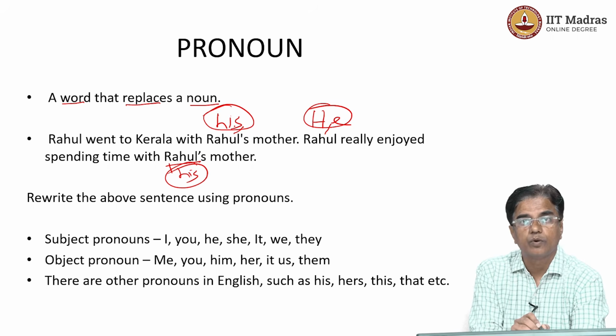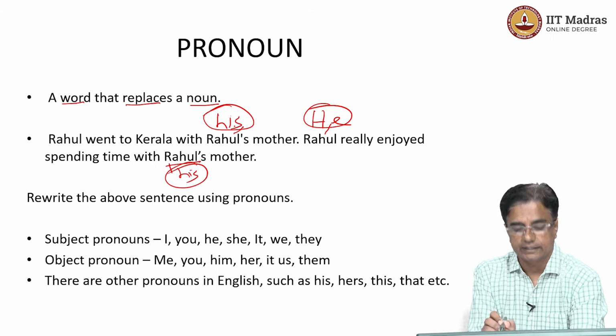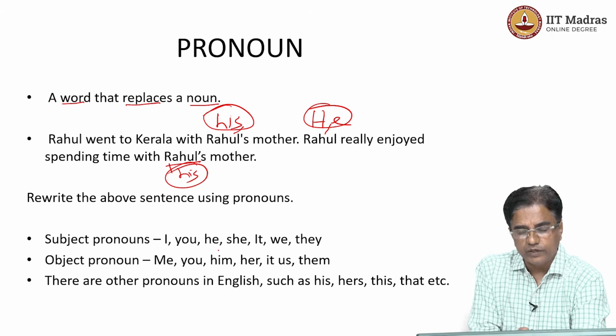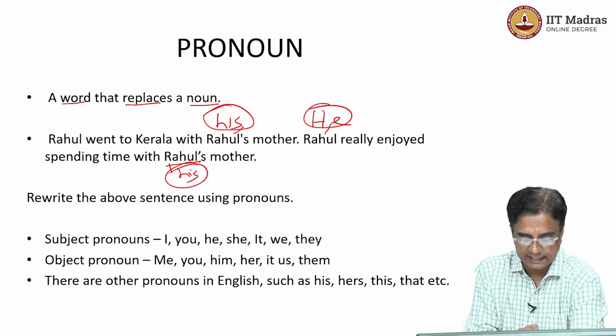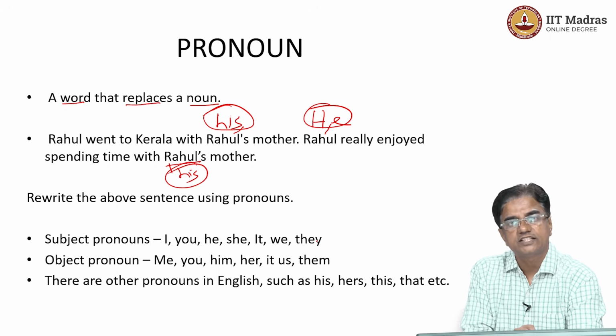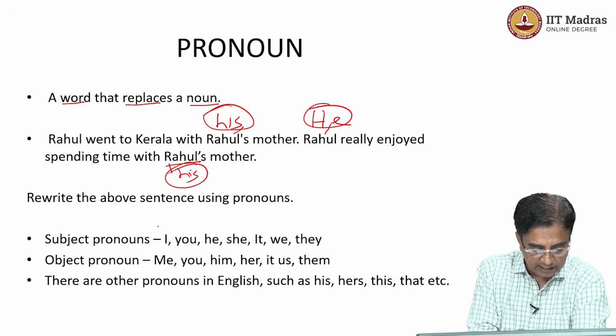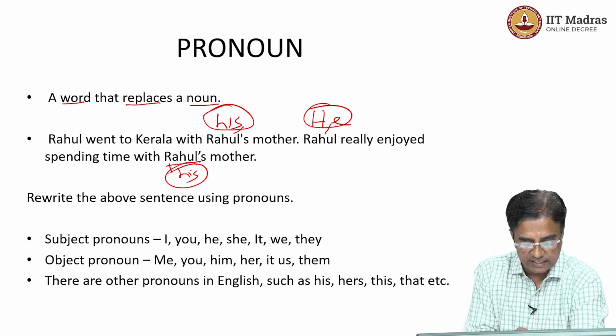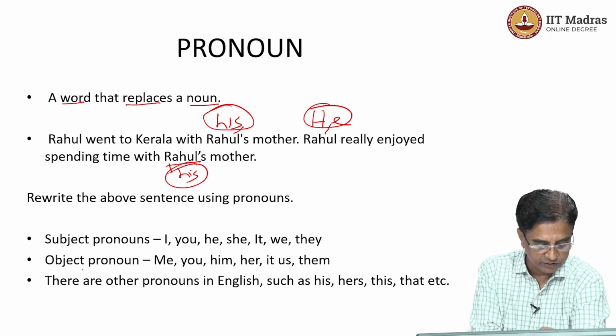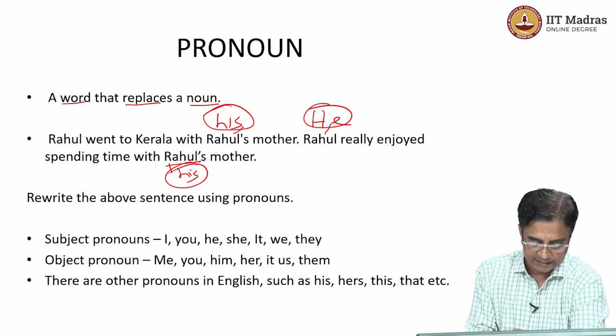This is what we meant when we said rewrite this word. When you look carefully, you will see several words like I, you, he, she, it, we, they. Some of them are singular, some of them are plural. These are called subject pronouns. Then we have me, you, him, her, it, us, them. These are called object pronouns. And there are other pronouns in English.